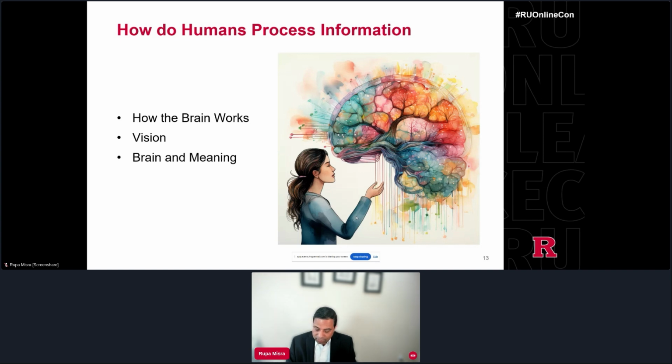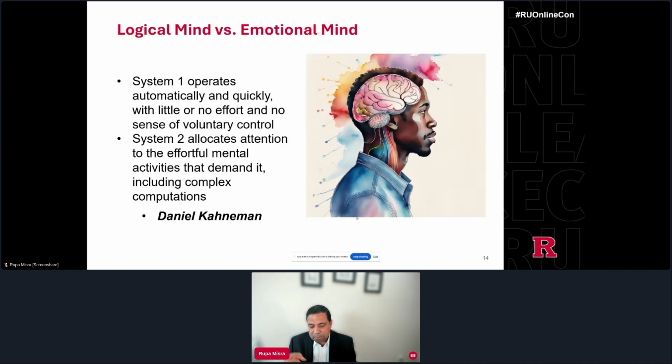Now, if we think about how the mind works, Daniel Kahneman, who is the Nobel laureate, has written this fascinating book, Thinking, Fast and Slow. He has done decades of experiments, and he argues that mental involvement varies in intensity and speed based on the situation.